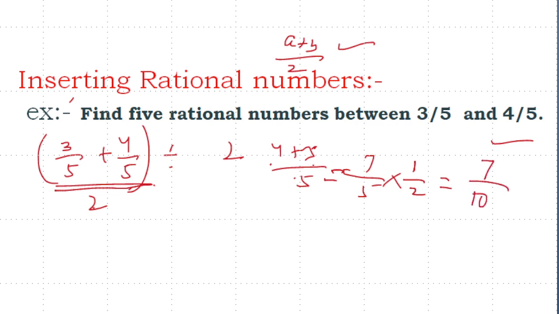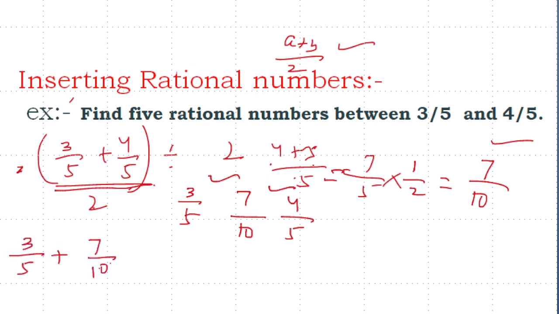Again, this is the middle number of 3 by 5 and 4 by 5. The middle is 7 by 10. Now take these two, or these two, whichever is yours. So 3 by 5 plus 7 by 10, again divided by 2.